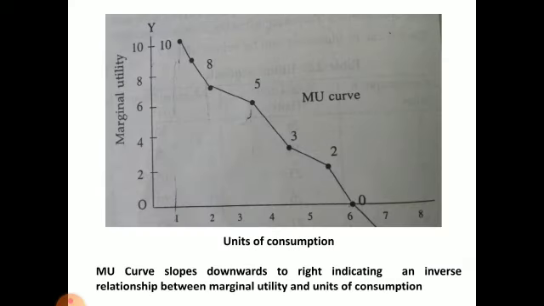So this graph is drawn based on the schedule. In this figure, if you see, OX axis represents units of consumption. That is the horizontal axis. And OY axis, that is the vertical axis, measures marginal utility.